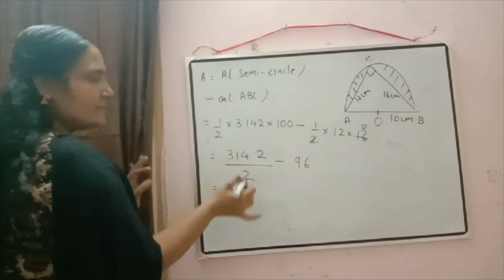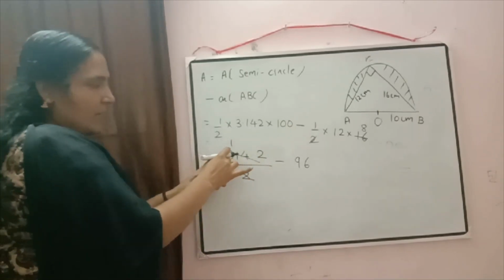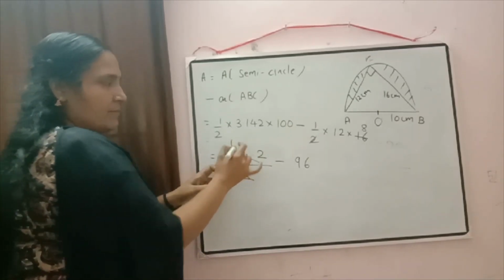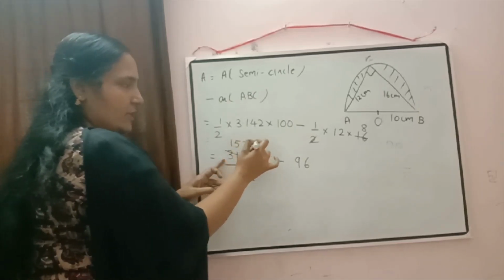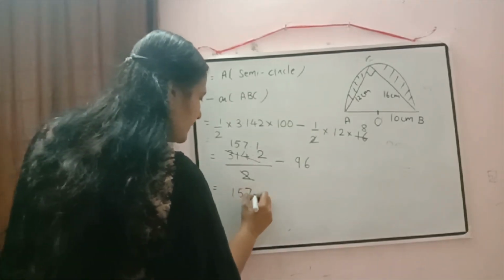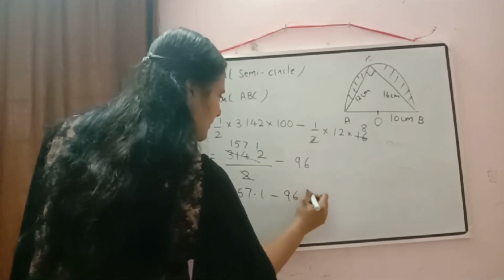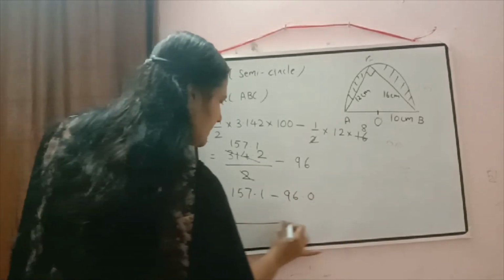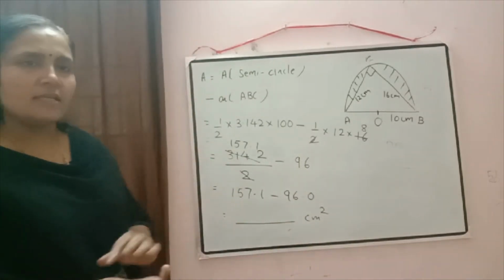Now here we can cancel: 2 1s are 2, 3 minus 2 is 1, so 11 will come, 2 5s are 10, again 1 will come, 2 7s are 14, so 157.1. 157.1 minus 96.0 you can write, and then do the subtraction and write down the answer. I think this question is clear.